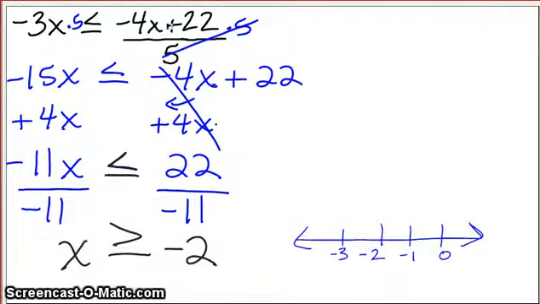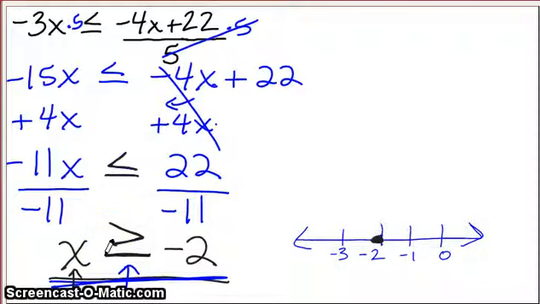So let's graph this solution. Because I have the or equal to, I have a closed circle at the negative 2. My variable is on the left, so my inequality points me the way I need to go.